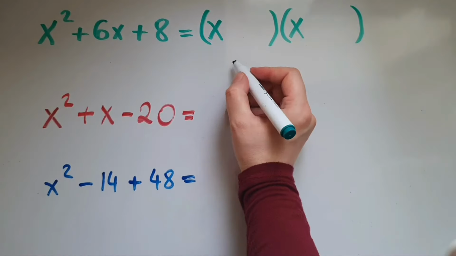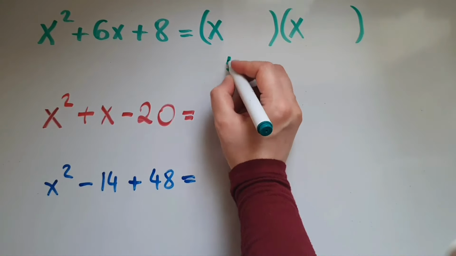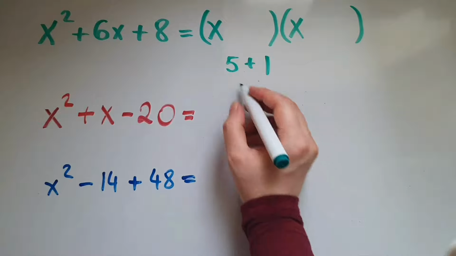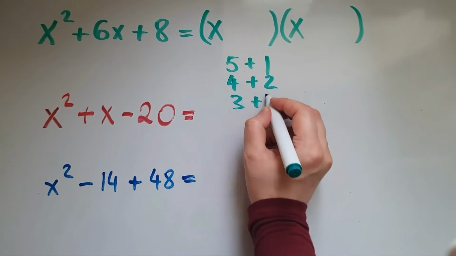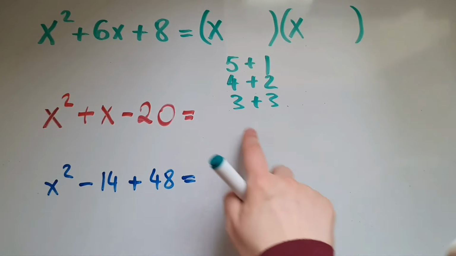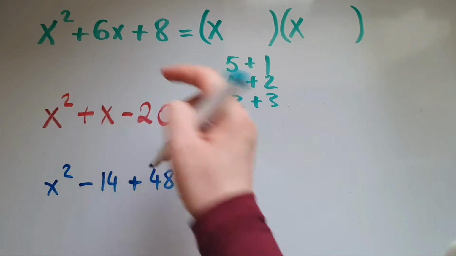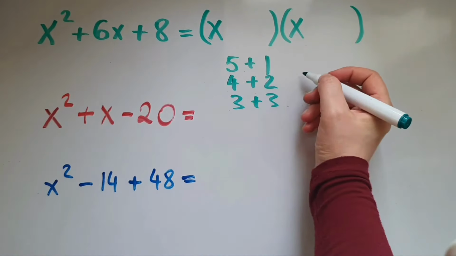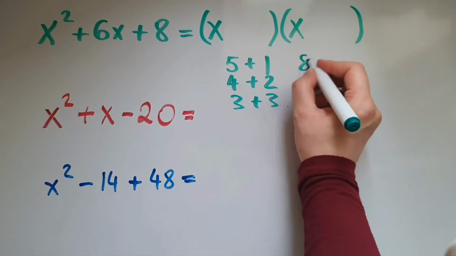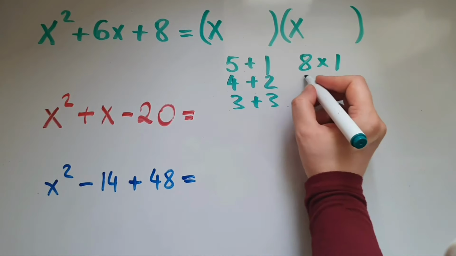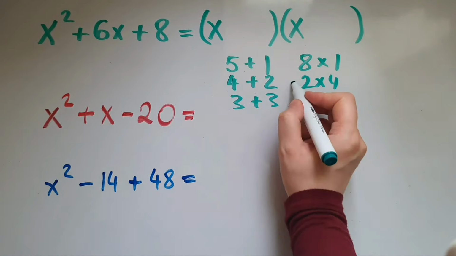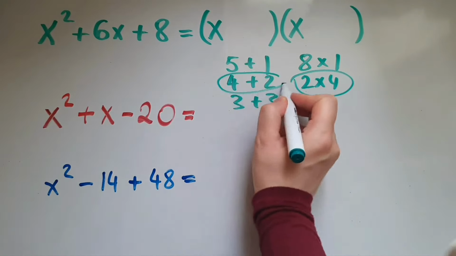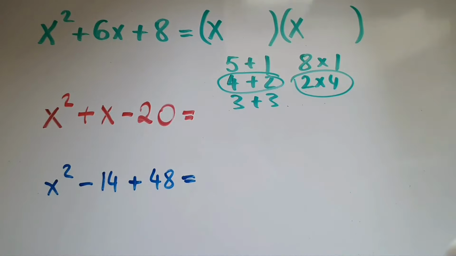So they could be 5 and 1, 4 and 2, 3 and 3. But they also need to multiply and give us 8. So which numbers multiply to give us 8? 8 times 1, that is 2 times 4, and there we have them too.